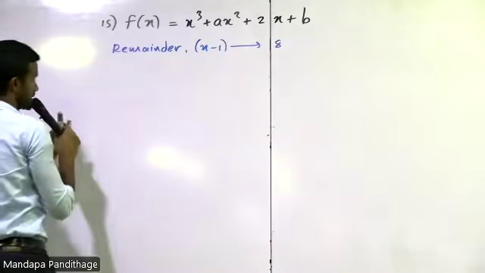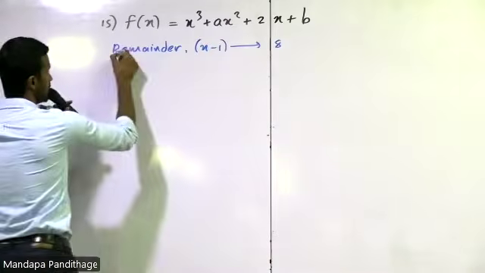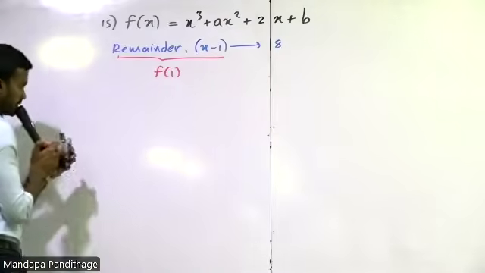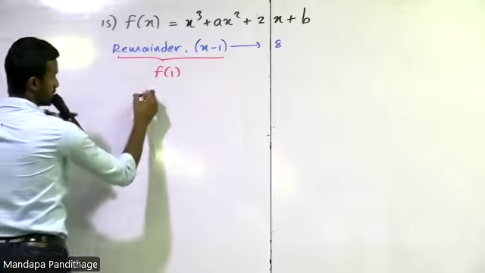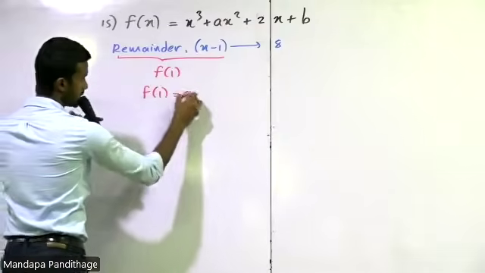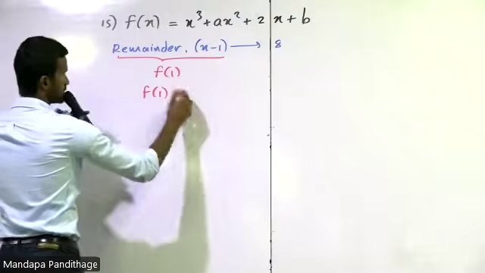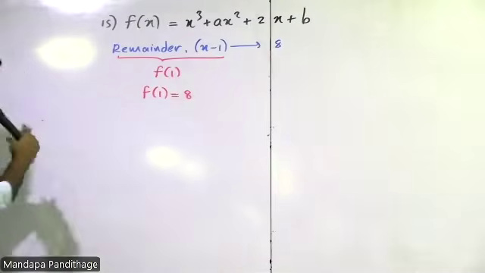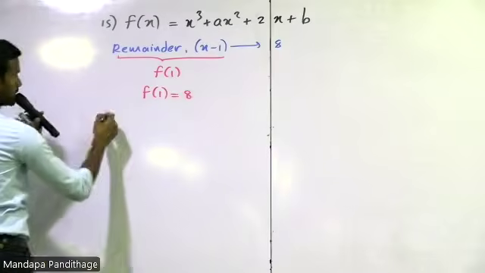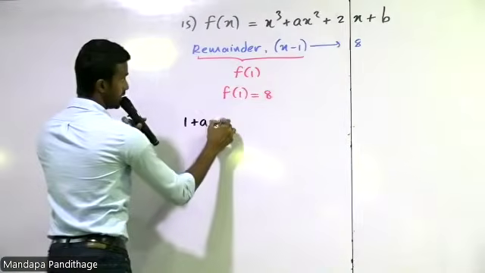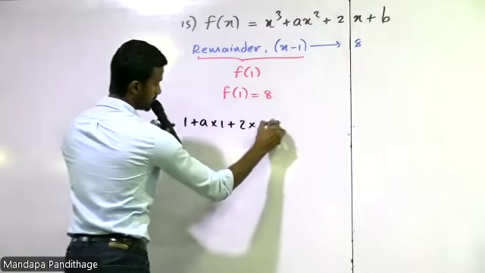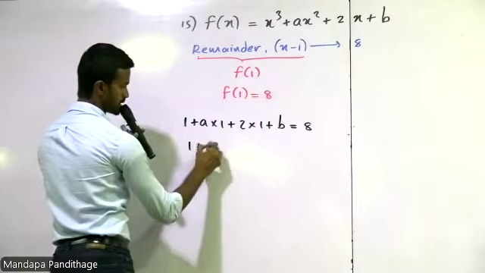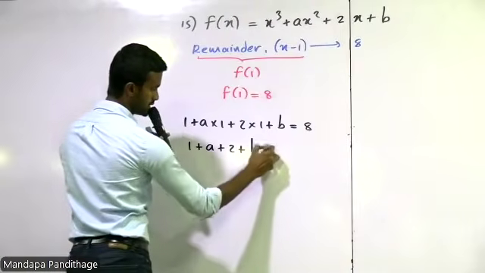But the remainder theorem states that the remainder is f1. So then I can write f1 is equal to 8 and get one equation. 1 plus a into 1 plus 2 into 1 plus b is equal to 8. 1 plus a plus 2 plus b is equal to 8.